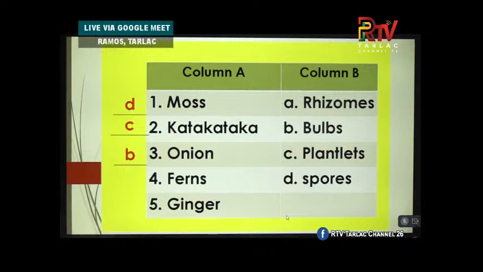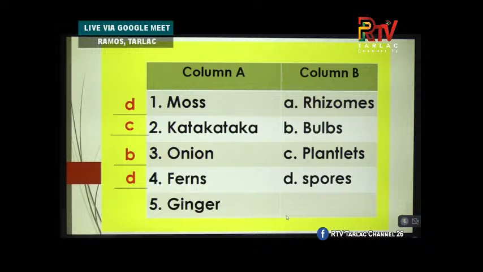Another for number 4, ferns. What is your answer? If your answer is D, spores, great job, grade 5 learners. Why? Because spores is its asexual methods or type of reproduction.